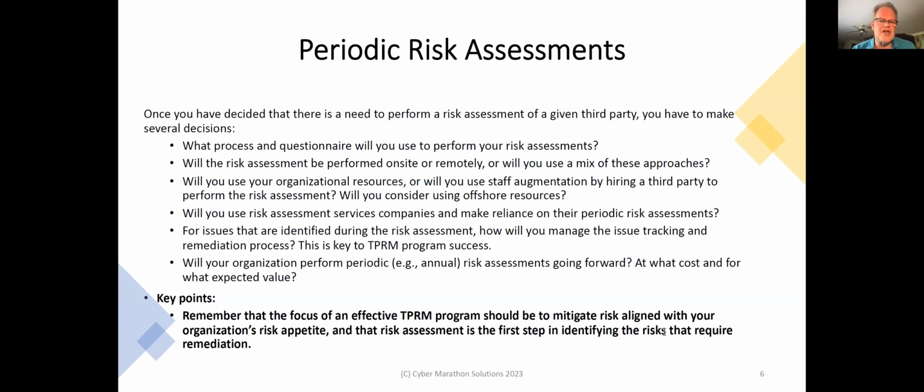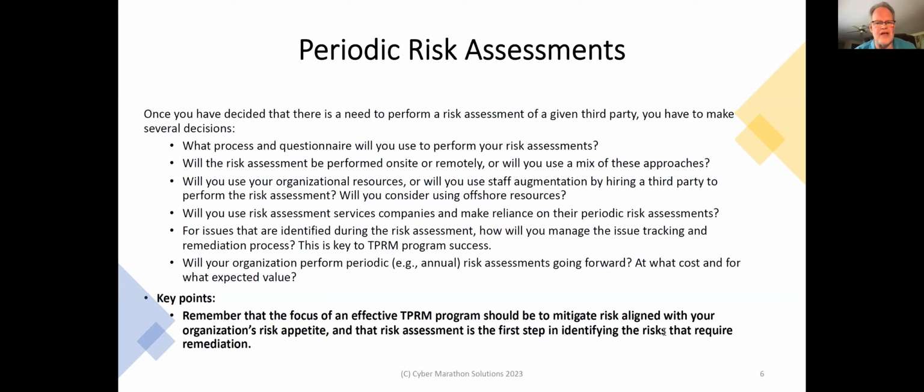So periodic risk assessments: when you do make a determination that you really do need to do a full risk assessment of a third party, what are the important factors that you need to have in place in order to effectively manage that periodic risk assessment process? Have you decided what process you're going to use and what questionnaire to perform those risk assessments?